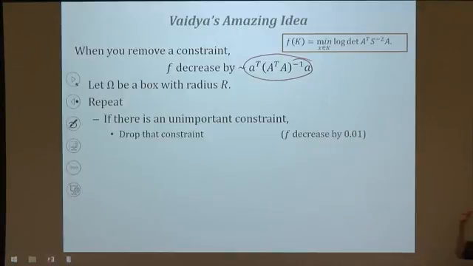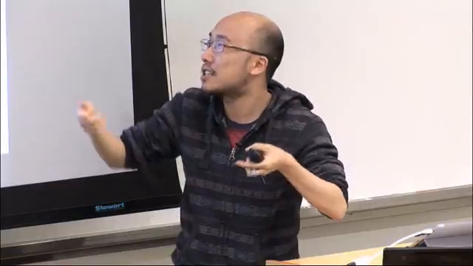Whenever in your polytope there is a constraint that is not important, that means say the importance is less than 0.001, then you drop that constraint, and because of that observation, the F will decrease by 0.01.